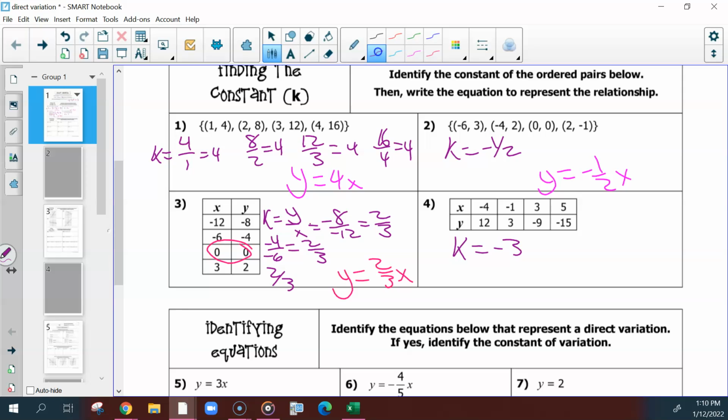So our direct variation equation was y equals -3x. Do we have any questions, concerns, any confusion about how we found those? Yes, Jake. That's the negative one. Yes, it does. Right. The next part.